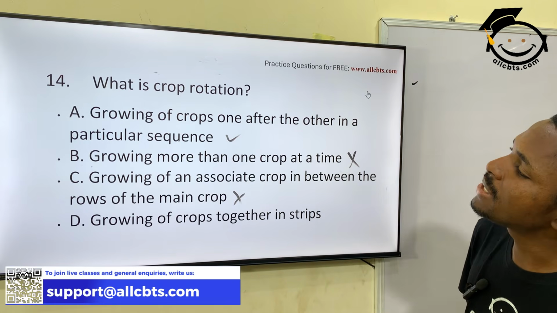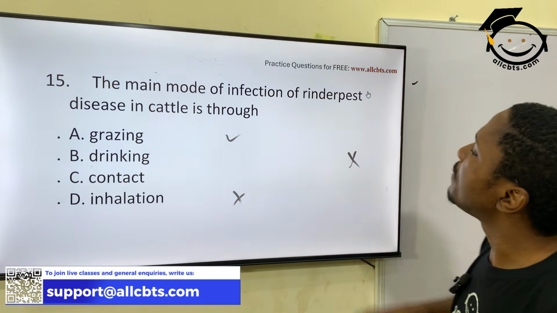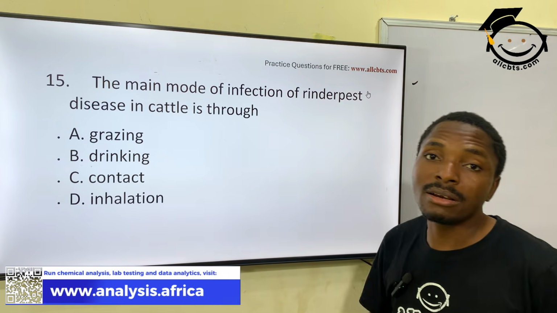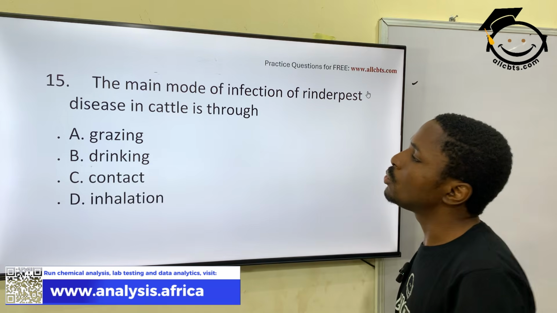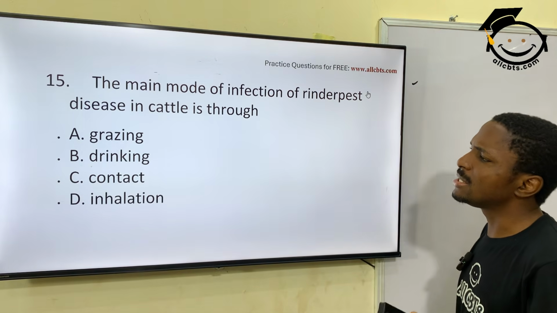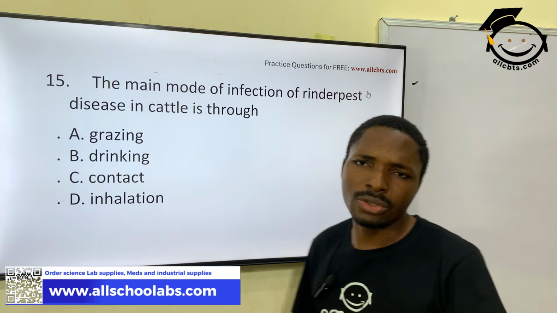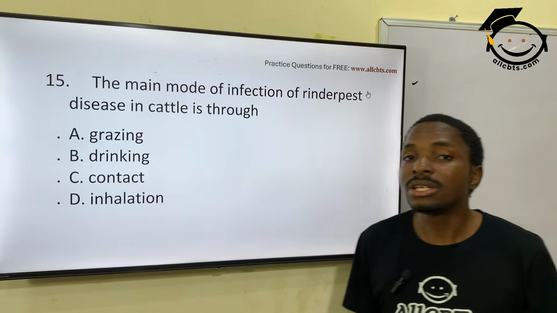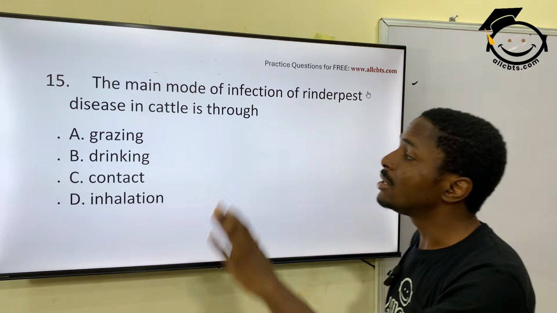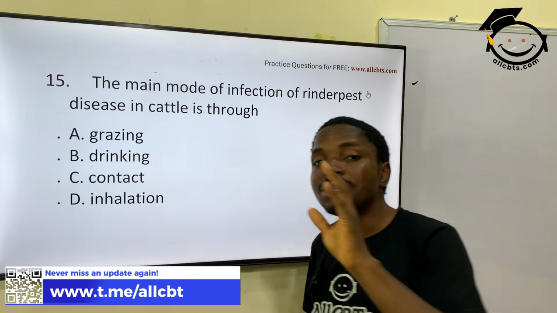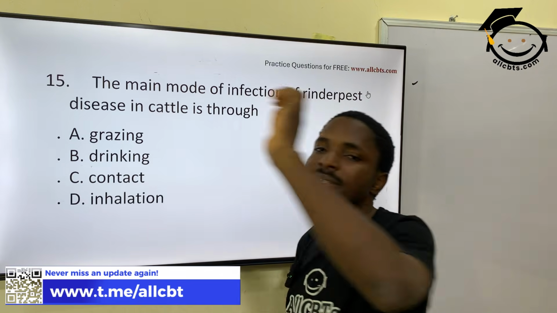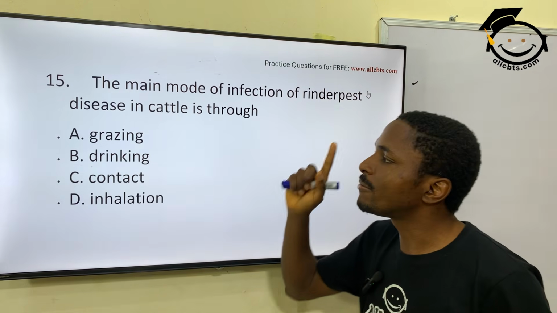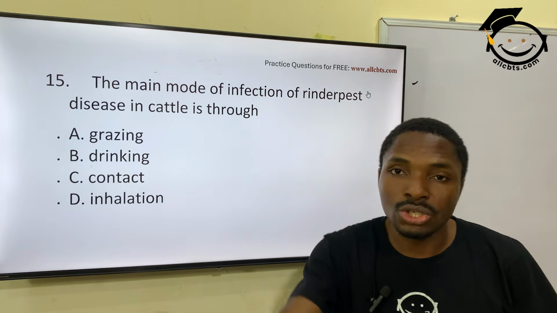All right, question 15 now. The main mode of infection of rinderpest. Rinderpest is a popular cattle disease. So the main mode of infection of rinderpest disease in cattle is through what? Grazing, drinking, contact, inhalation. Now the truth is that a cattle can contract rinderpest disease through all of these options, but one of them is the main mode of contact, and that's by touching.